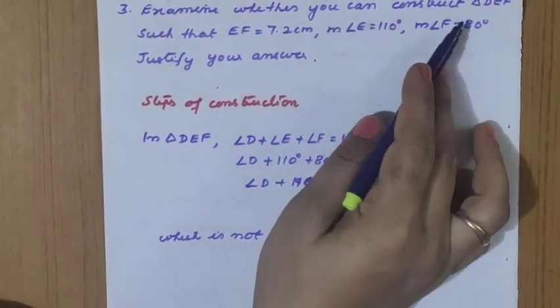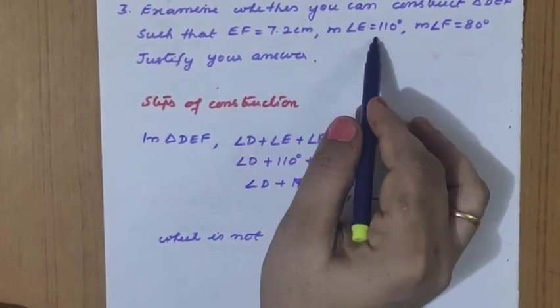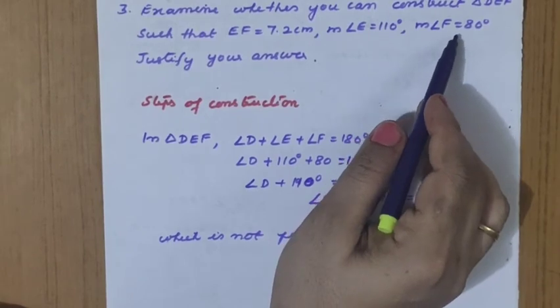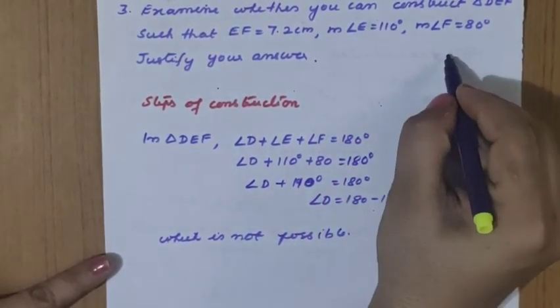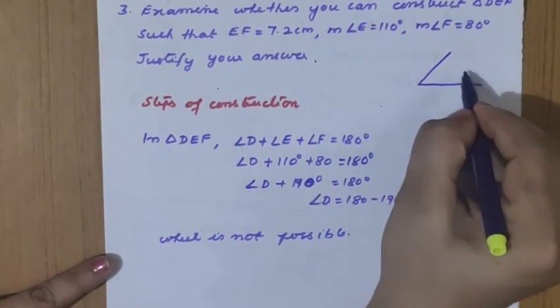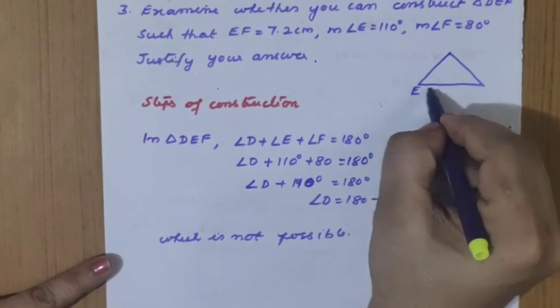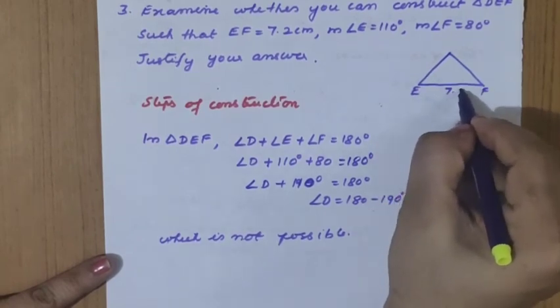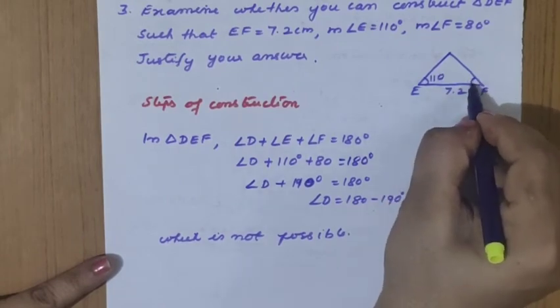Examine whether you can construct a triangle DEF such that EF equal to 7.2 cm, angle E equal to 110, angle F equal to 80 degrees. Justify your answer. So when we are drawing the diagram, DEF, EF equal to 7.2, angle E 110, angle F 80 degrees.